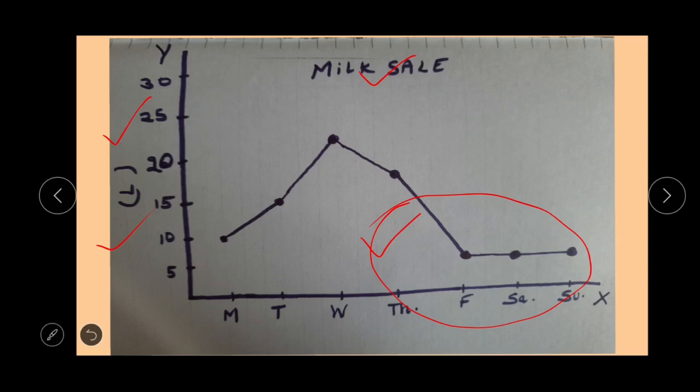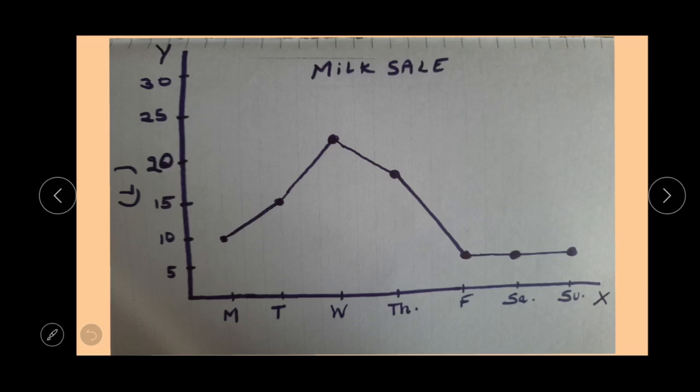Let's understand with an example. This is a milk sale graph of a milkman. So what is there on the x-axis? There are days: Monday, Tuesday, Wednesday, Thursday, Friday, Saturday, Sunday. And on the y-axis there is milk which is sold on these days, given in liters: 5 liters, 10 liters. Okay, so we can see on Monday this is 10 liters, on Tuesday this is raised by 5 liters, this is 15 liters here, and this is maximum on Wednesday.